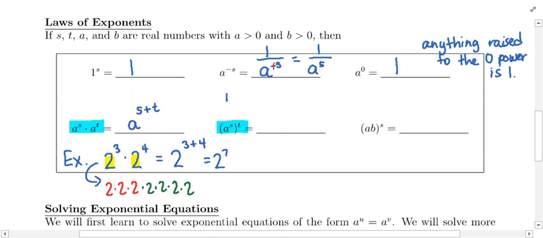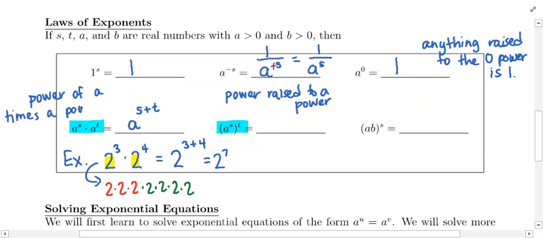Here this is a power raised to a power. The law that we just looked at is a power of a times a power of a. So it's a little bit different.